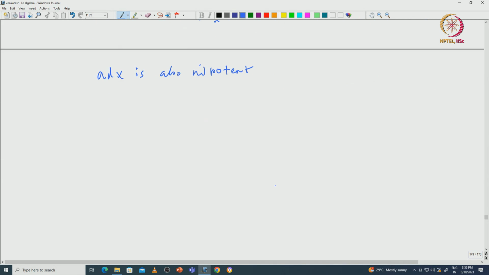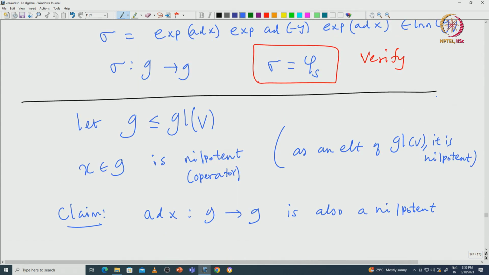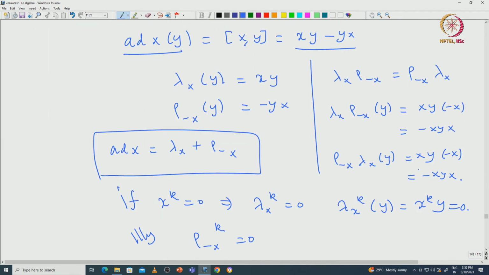Now I will end this lecture with a small calculation, which tells what is really happening here. This exercise helps you to verify the statement sigma equals phi s. Again, this is happening at the level of a linear Lie subalgebra.